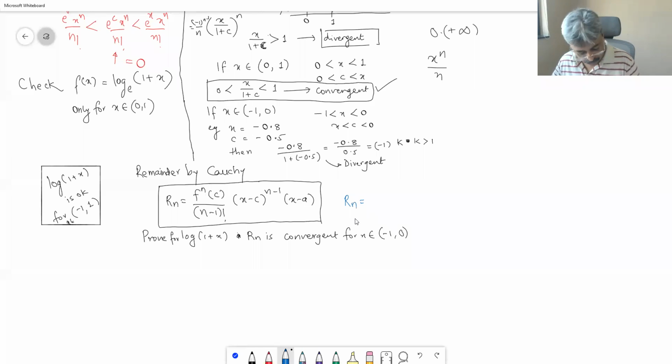Rn is going to be equal to minus 1 raised to n minus 1 upon n factorial into 1 plus c raised to n into x minus c raised to n minus 1 into x.